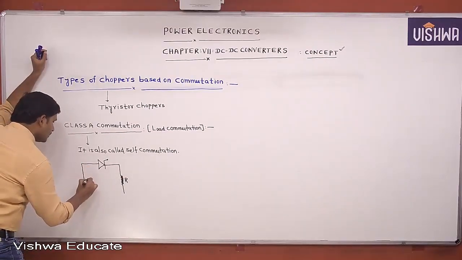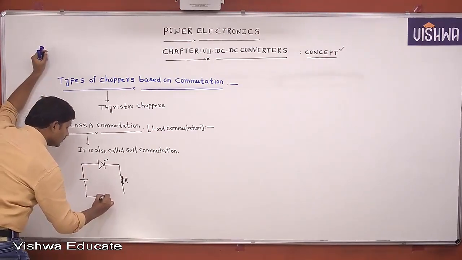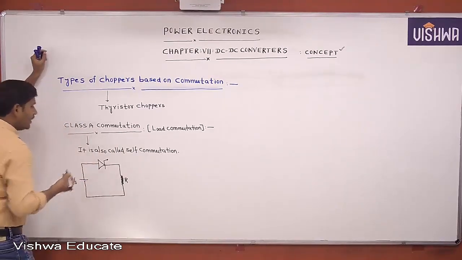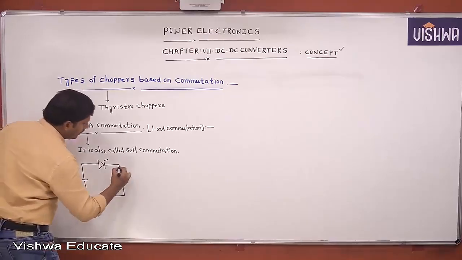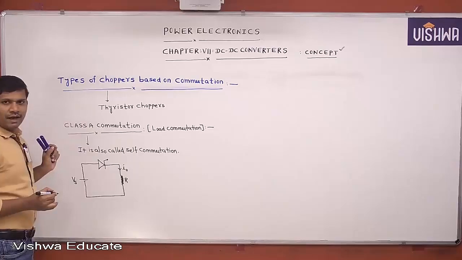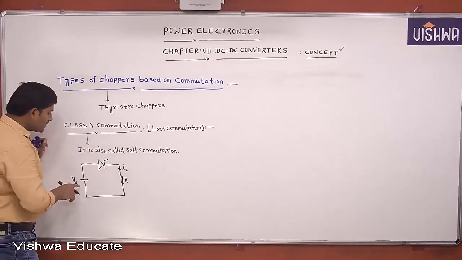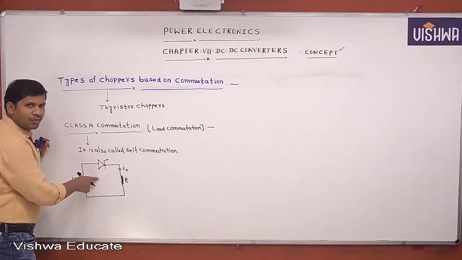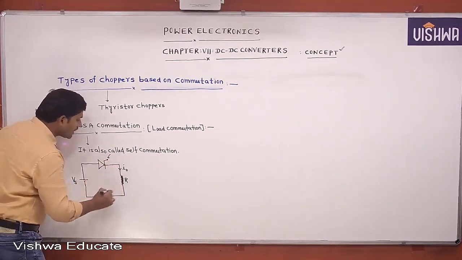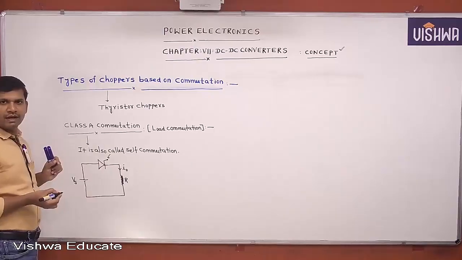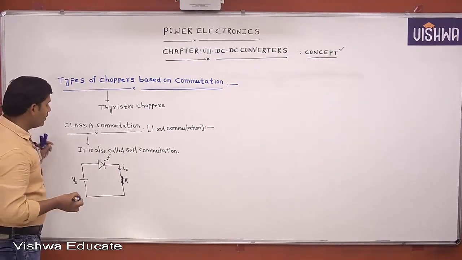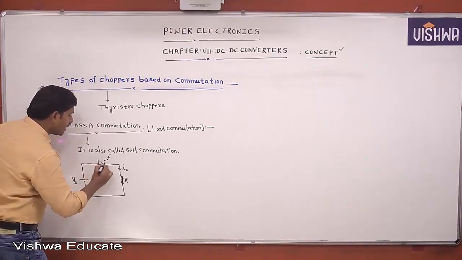Input is DC. Let the current to the load be I0. If it is connected like this, with this supply the thyristor is under forward blocking mode. Whenever triggering is applied, the thyristor will start conduction, no doubt at all.